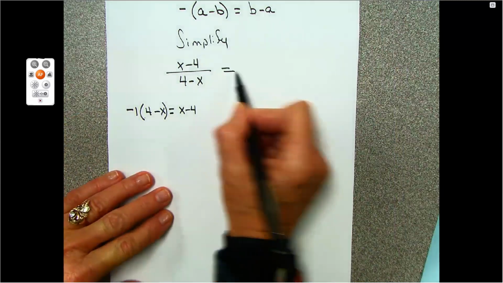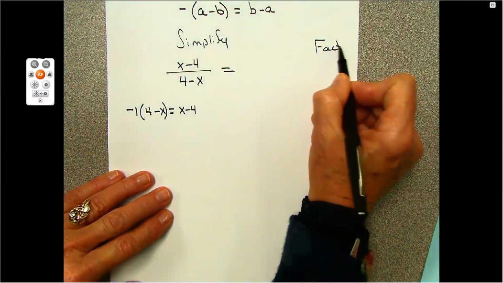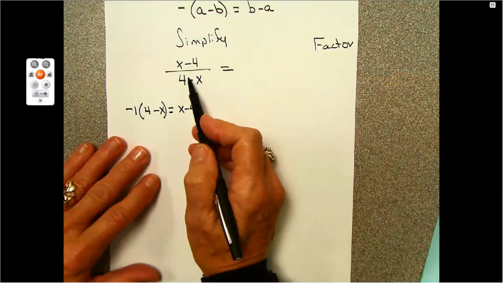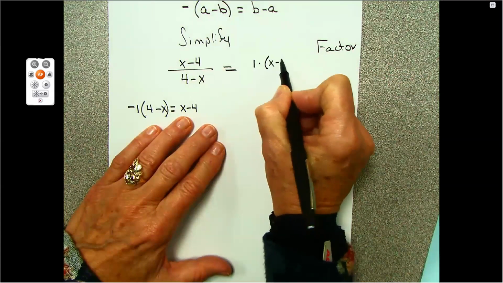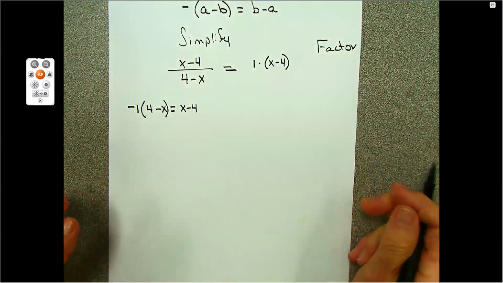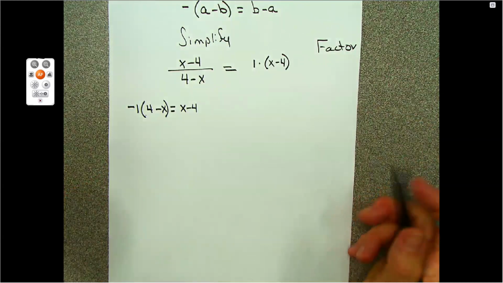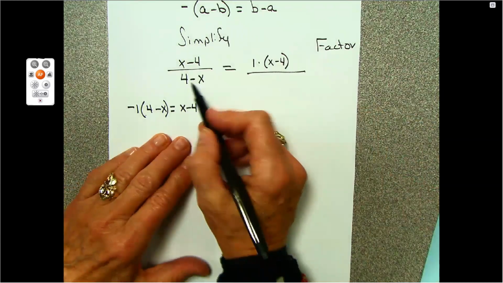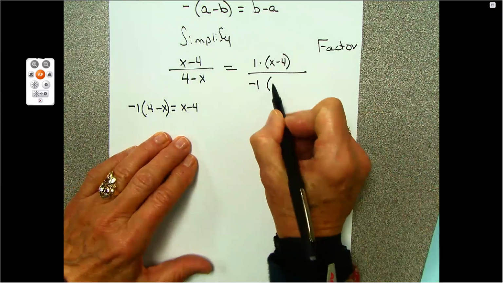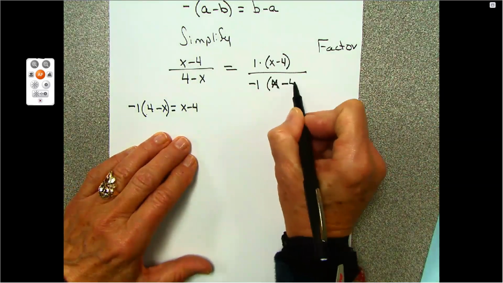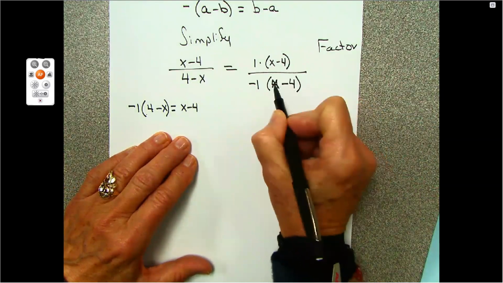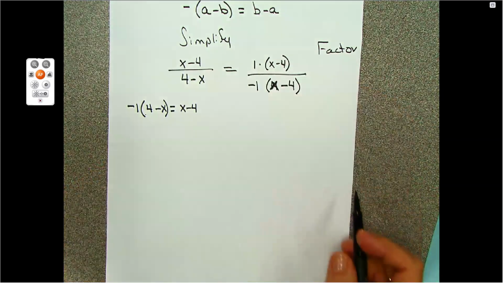So let's factor. Factoring the numerator, I have 1 times x minus 4. That's factored, something times something. And in the denominator, I'm going to factor this as a negative 1 times 4 minus x.